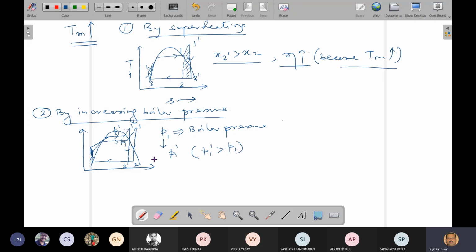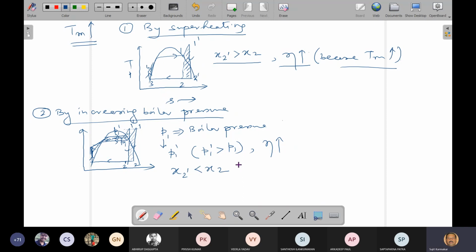So if it is so, in this case you can find that this amount of work is lost, but at the same time this is the additional work done we are getting. One drawback in this case: efficiency increases, but x2 dash is less than x2.